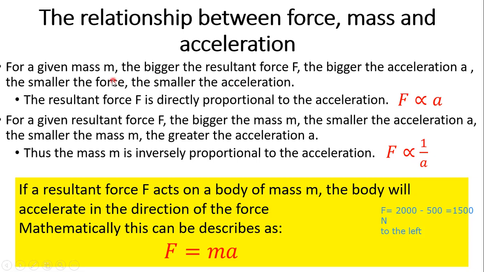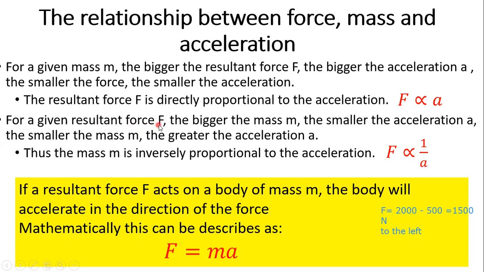In other words, the acceleration is directly proportional to the amount of force applied. The more the force, the more the acceleration. If you double the force, it is going to double the acceleration.